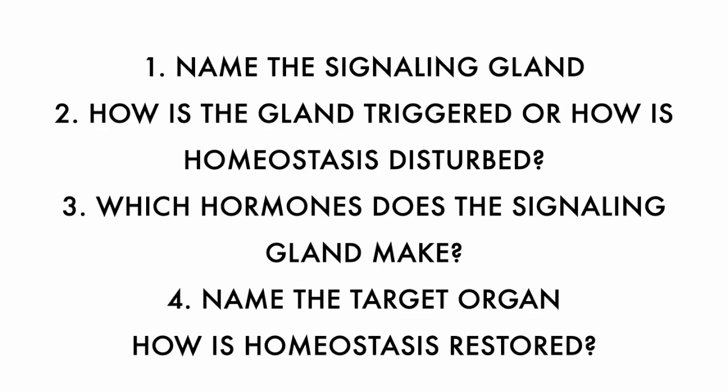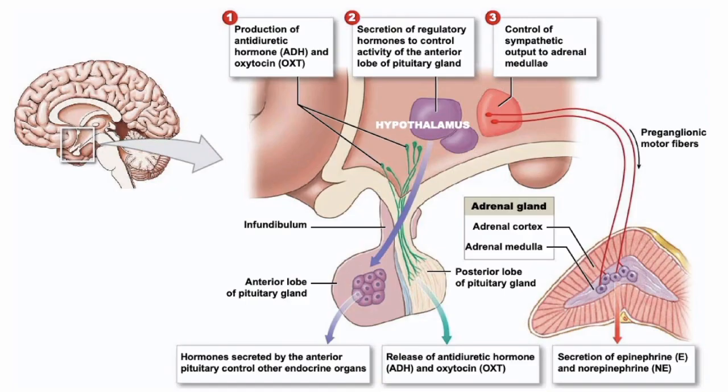Then we name the target organ, and we ask the question, how is homeostasis restored? But because the hypothalamus and the pituitary gland make so many hormones, we'll take a closer look at these 2 areas specifically, and we'll zoom in and pause here for a second. All right, let's get started.